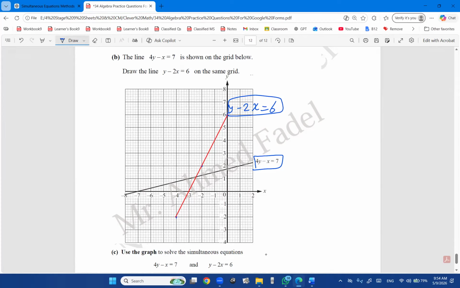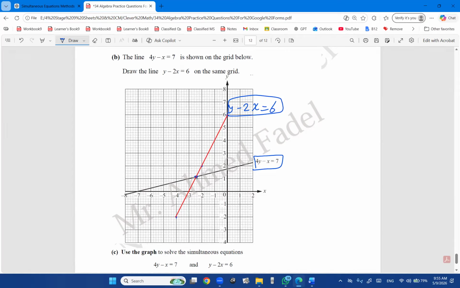Don't go and use the substitution method. Please don't. They requested from you to draw the graph. You drew the graph already. So don't waste time on solving the simultaneous equation using the elimination method. Just check the point of intersection of the two equations. Both lines intersected at this point.